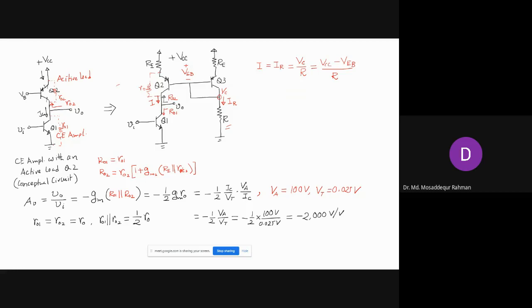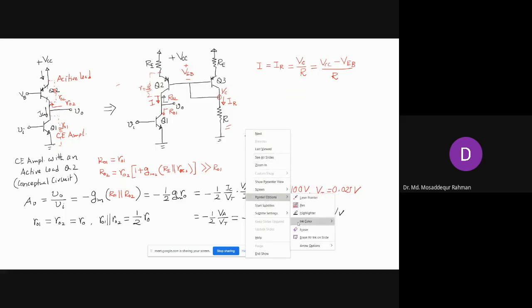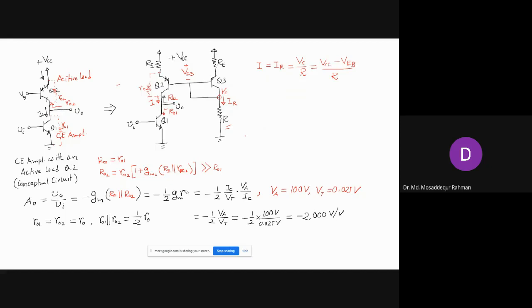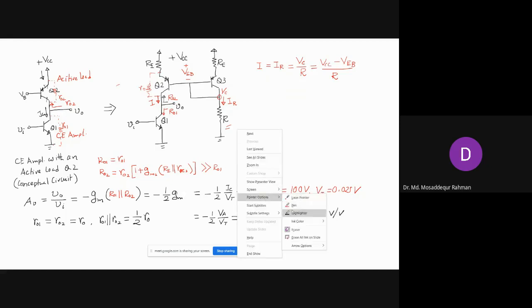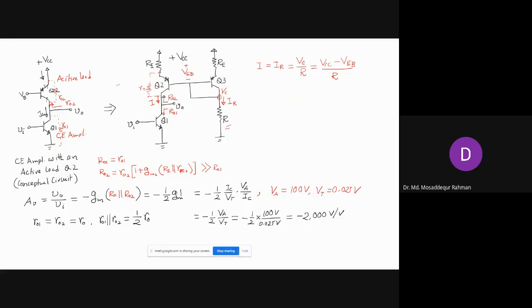And if that is much larger than R01, because we just have r0 and that is being multiplied, then your total gain can be approximated by writing R02 instead of r0.